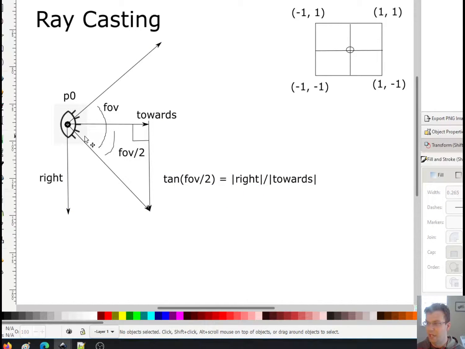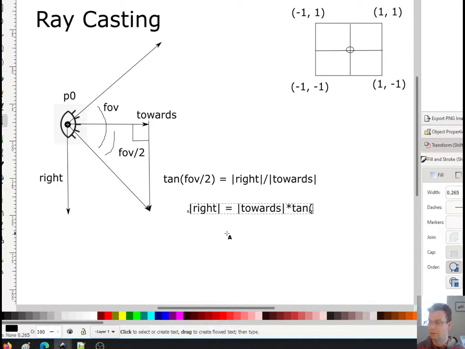Remember that the tangent is opposite over adjacent. So the opposite here is the vector in the right direction, the adjacent is this vector in the towards direction. So if I rearrange this, what I get is that the length of the right vector is equal to the towards vector times the tangent of the field of view over 2.